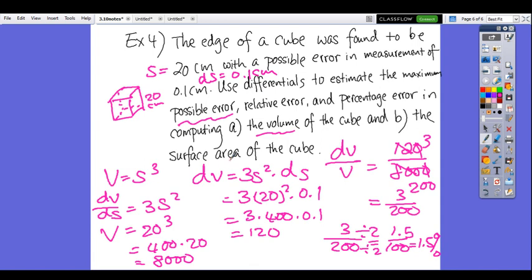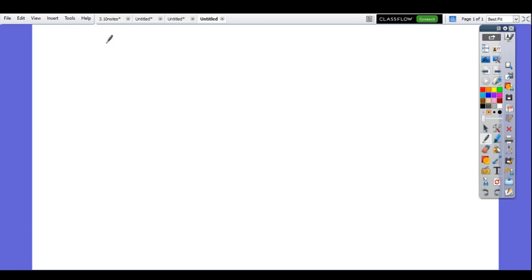Now what about the surface area? How do you find all those errors for the surface area? Let me open up a new slide here. Again, the side length is 20 centimeters, and the differential for the side length is 0.1 centimeter.